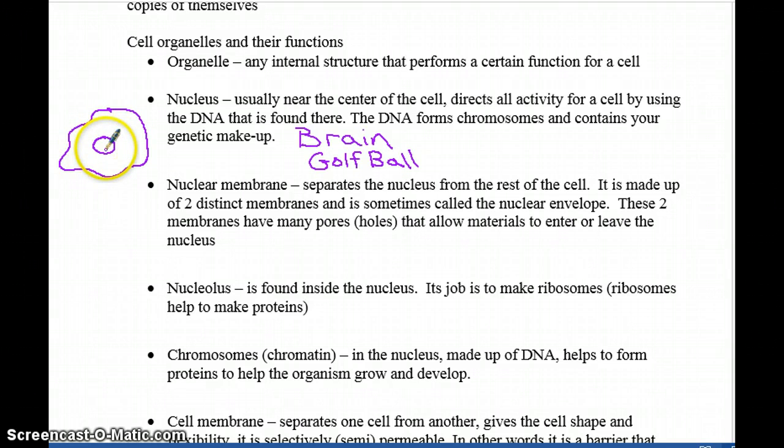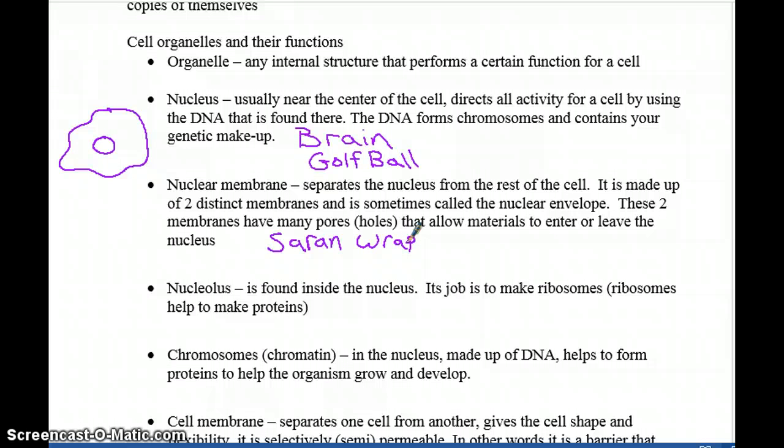The nuclear membrane covers this whole nucleus, and the membrane, think of the membrane as a covering, kind of like saran wrap. But the saran wrap is going to have holes in it to represent the pores.